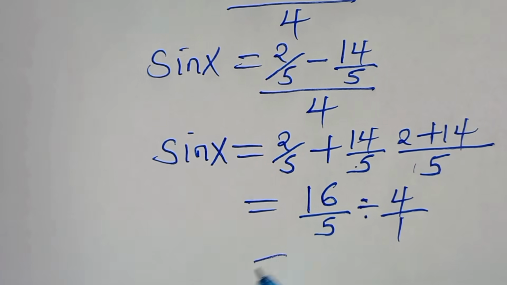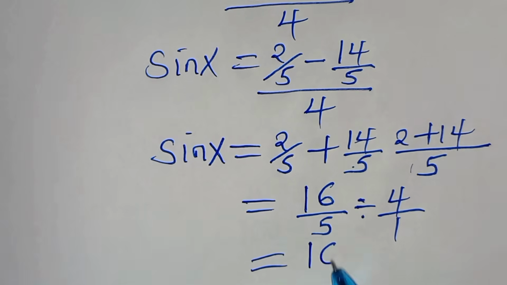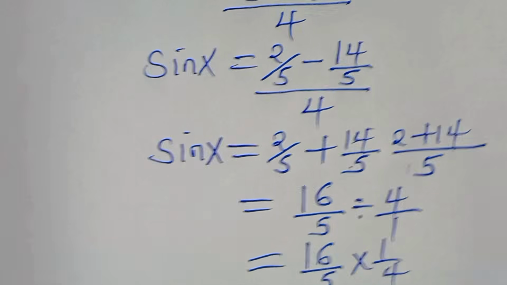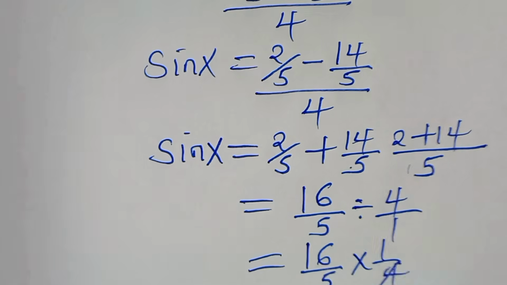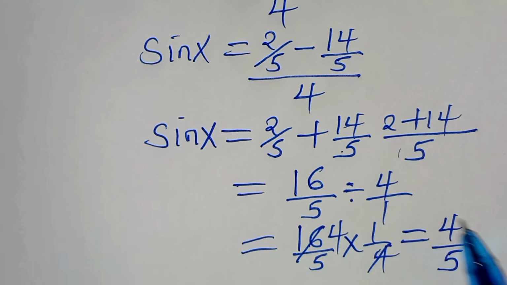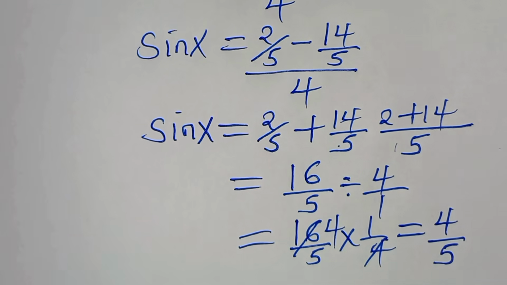So sine x is 16 over 5 multiplied by 1 over 4. Simplifying, 16 divided by 4 is 4, and this means sine x is 4 over 5. This is the first value of sine x, which is 4 over 5.